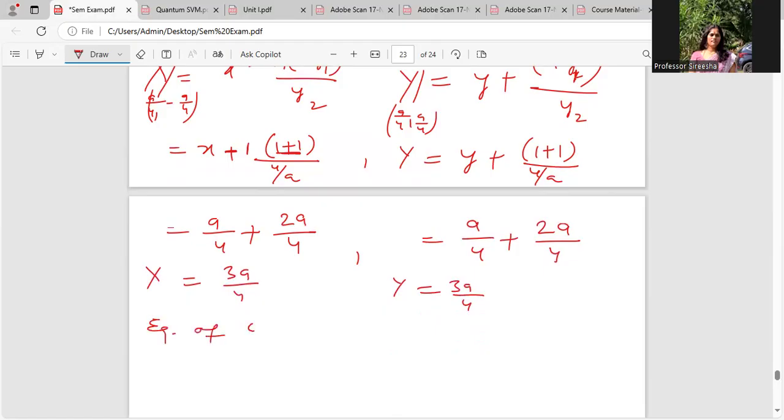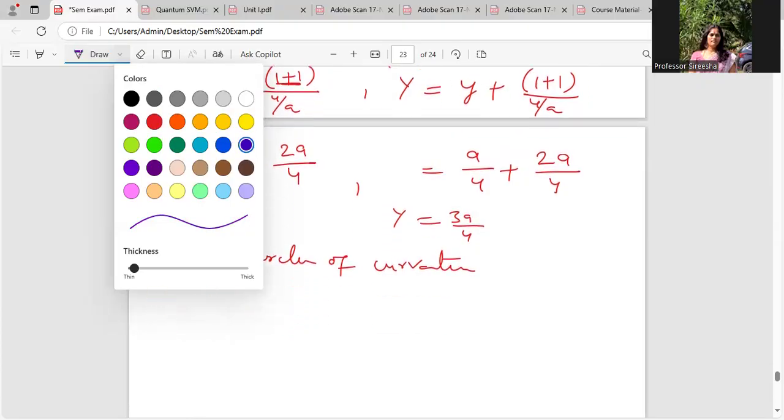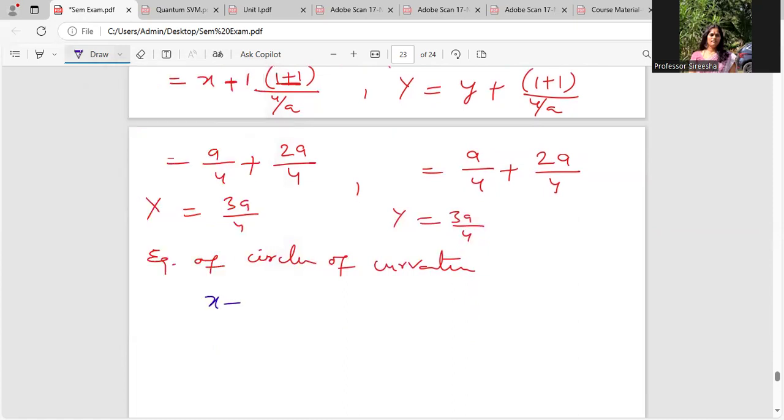of circle of curvature. Circle of curvature. What's the formula? Let me write it down once so that you understand. I've already made a mention that it is similar, but how the formula looks like is small x minus capital X whole squared plus small y minus capital Y whole squared is equal to rho squared. Of course, I need to find rho as well.